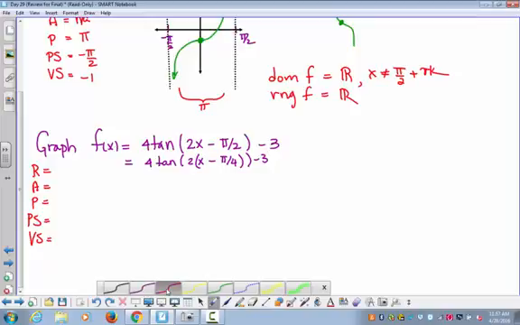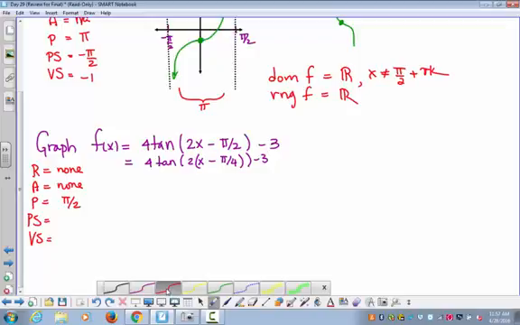All right, let's go through these properties. Is there a reflection? Yeah, no reflection. Amplitude, NA. Period, pi over 2. So basic period for tan or cotan is pi. This is a transformation, so it's got to have an adjusted period.